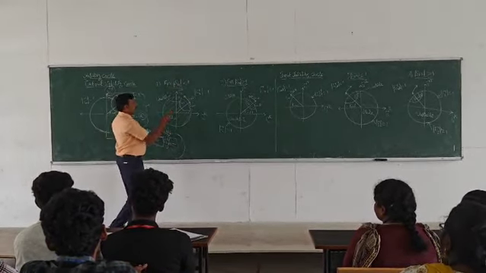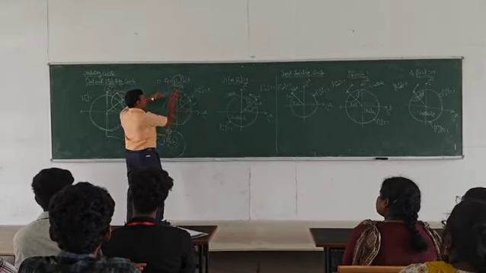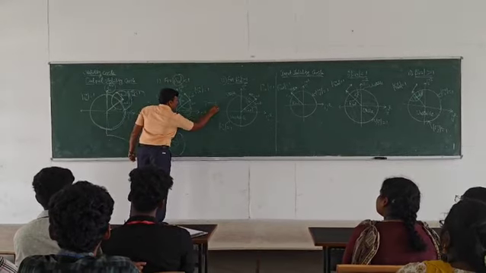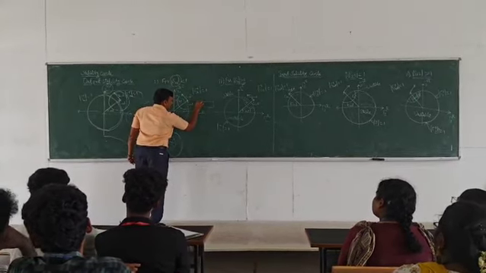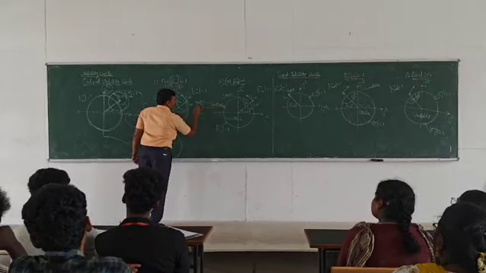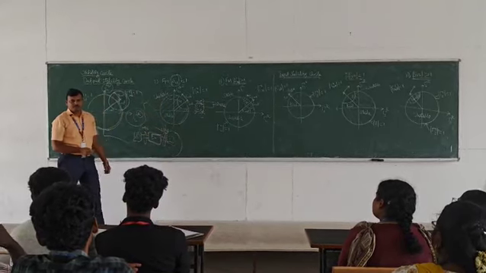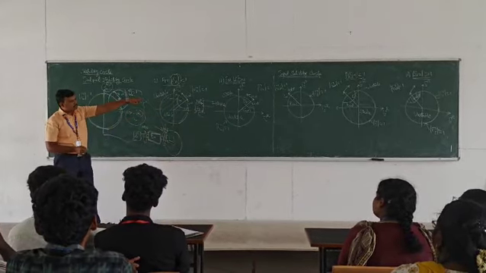Why do we mention the same port? Because it is S11, the single port. For example, in a 2-port network, this is port 1 and this is port 2. The reflection coefficient at port 1 is S11.